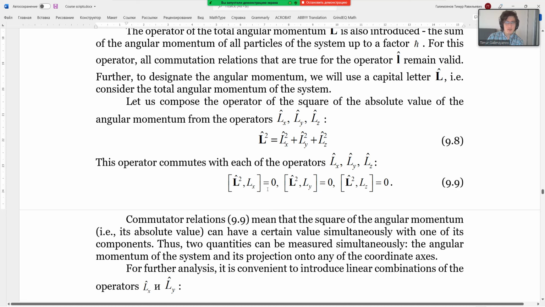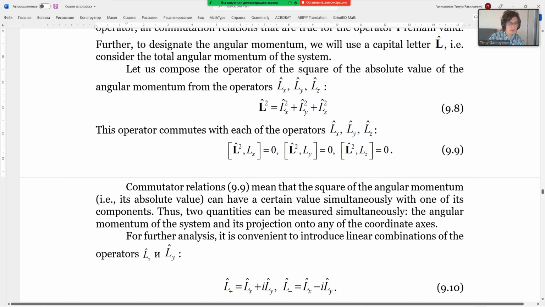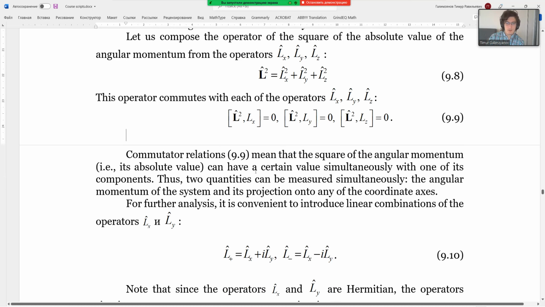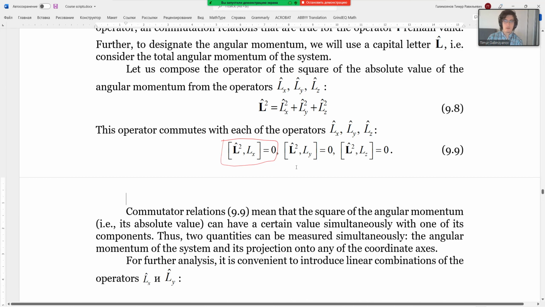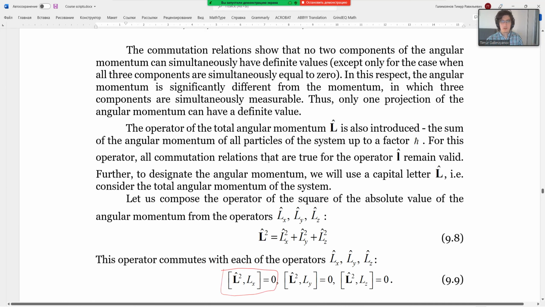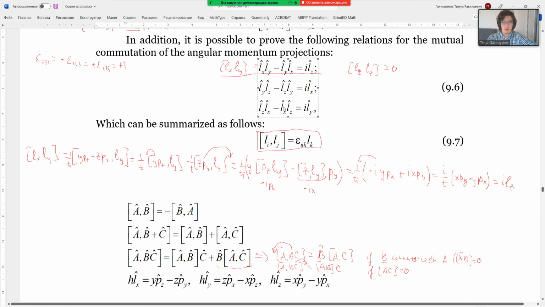Okay, we have a little time. Let's check the following commutator: the commutator of L squared with Lx equals 0.